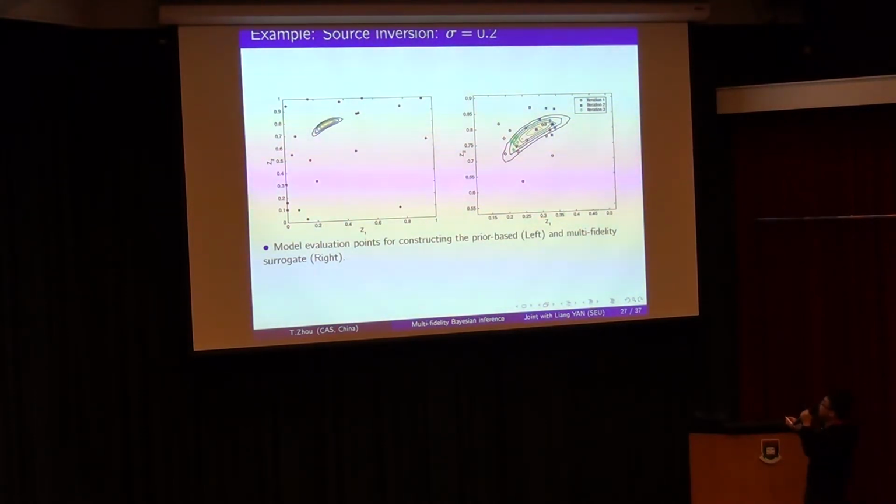But here, this is the multi-fidelity approach for different iterations. The right one is the first iteration. After the first iteration, we always sample in a local region with the MCMC approach. So after a few iterations, most of the points go into this region, so that the surrogate model will be very accurate compared to the prior-based, single-fidelity PC-based surrogate model.